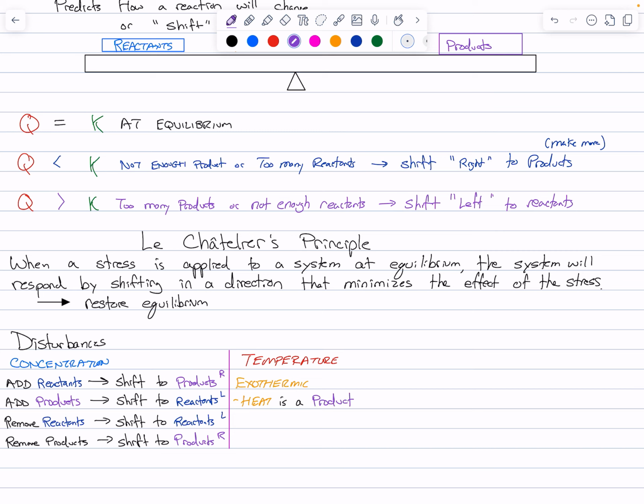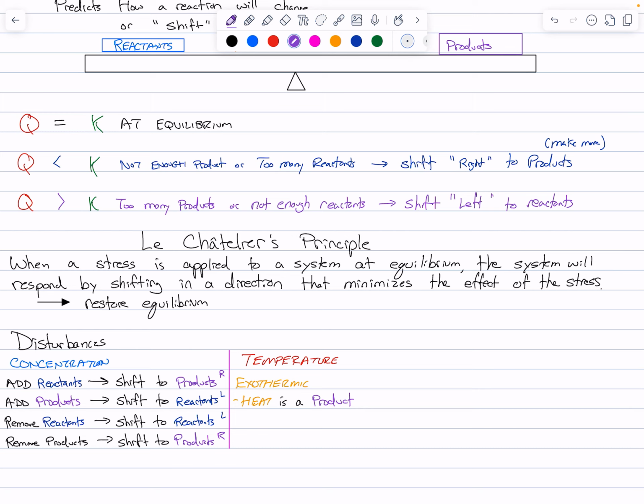So we're just going to treat heat as a product. If it's exothermic and we add heat to the system, it means we're adding a product, and the reaction will shift away from the products. If we remove heat, it will shift towards the products.